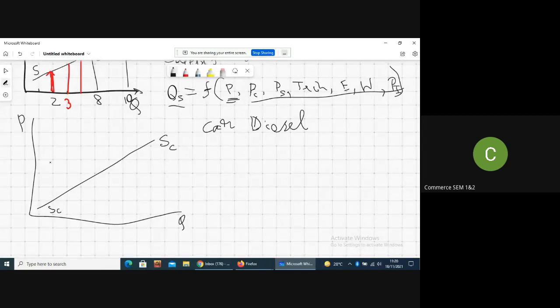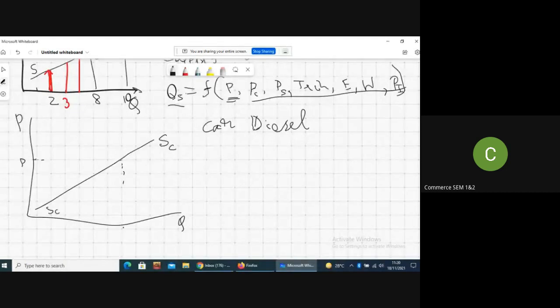Now at any given price P0 of car, your supply is this much. So this is called Q0. So this amount of cars will be supplied if the price of the car is P0. Fine. Now say the price of diesel goes up.